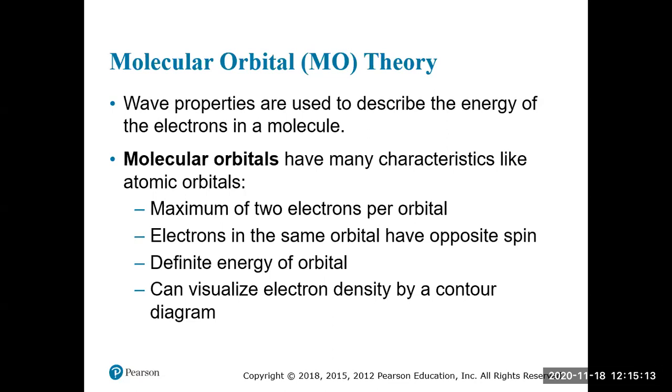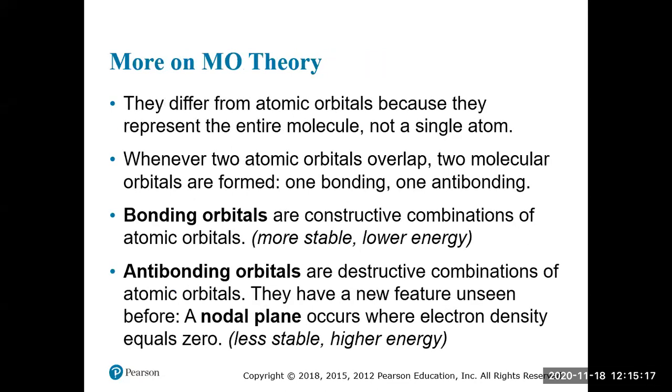So let's take a look at molecular orbitals here. While they're very similar to atomic orbitals, they are different because we're talking about the entire molecule, not just a single atom. When we have 2 atomic orbitals that overlap, then 2 molecular orbitals are formed.